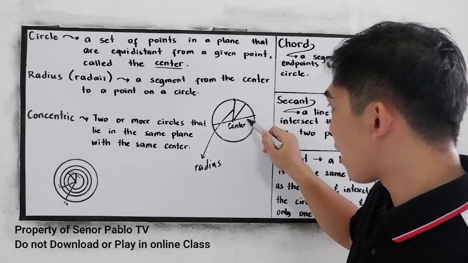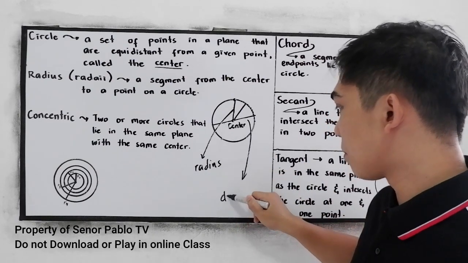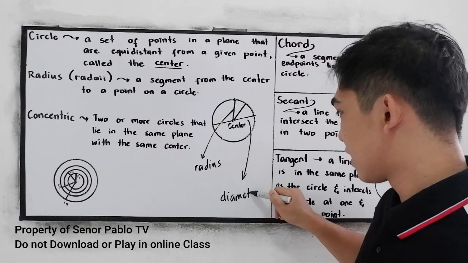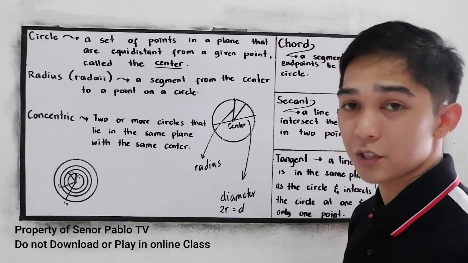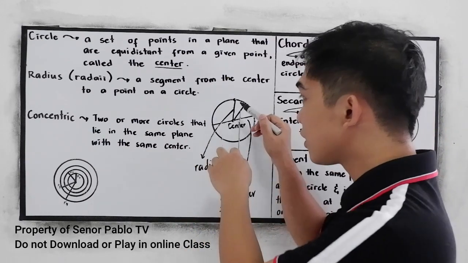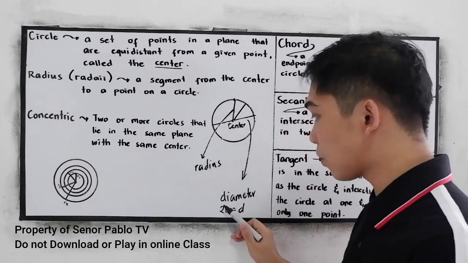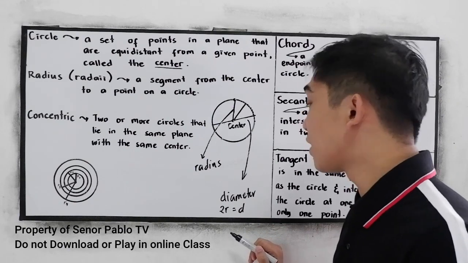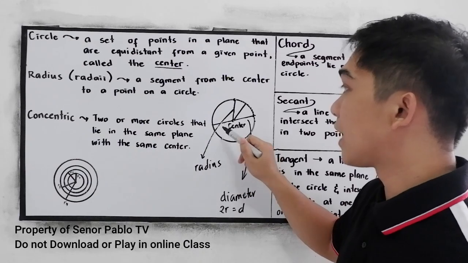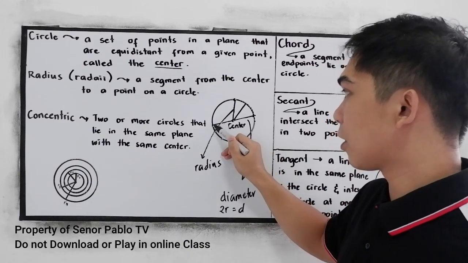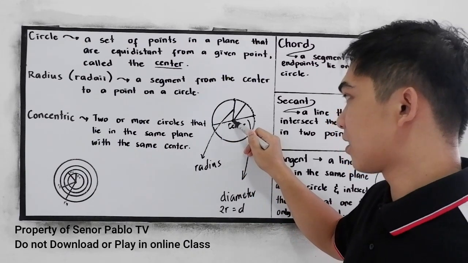And of course, we have here the diameter. Diameter is twice the radius. So a radius plus another radius, that is what we call the diameter. Definition of diameter: a segment from a point on a circle to another point on a circle that passes through the center.